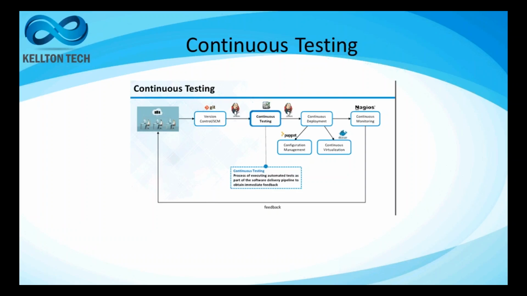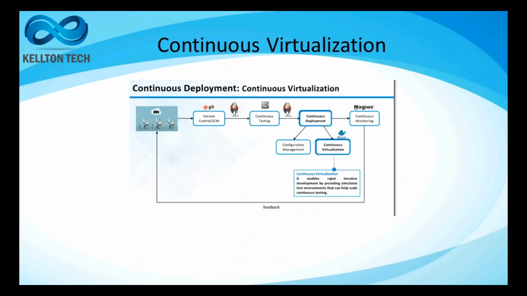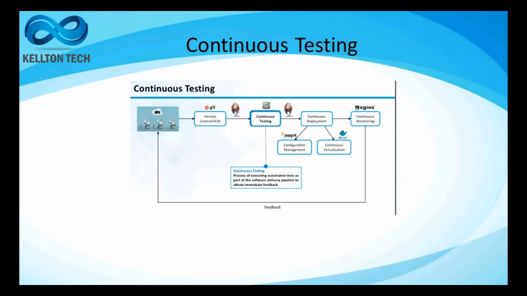If everything is fixed, then only it will move to the production environment. Here, continuous testing is mainly supported by Selenium, a tool with which we can write automatic scripts using Java. We can achieve continuous testing with Selenium here.